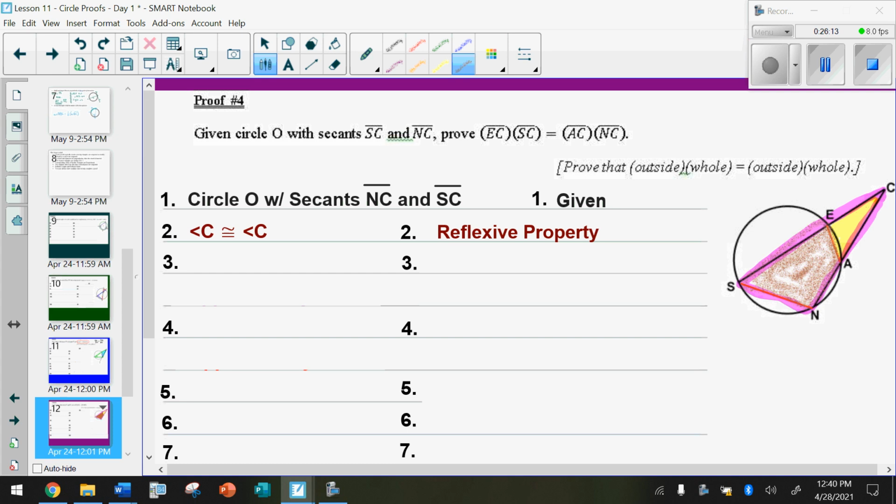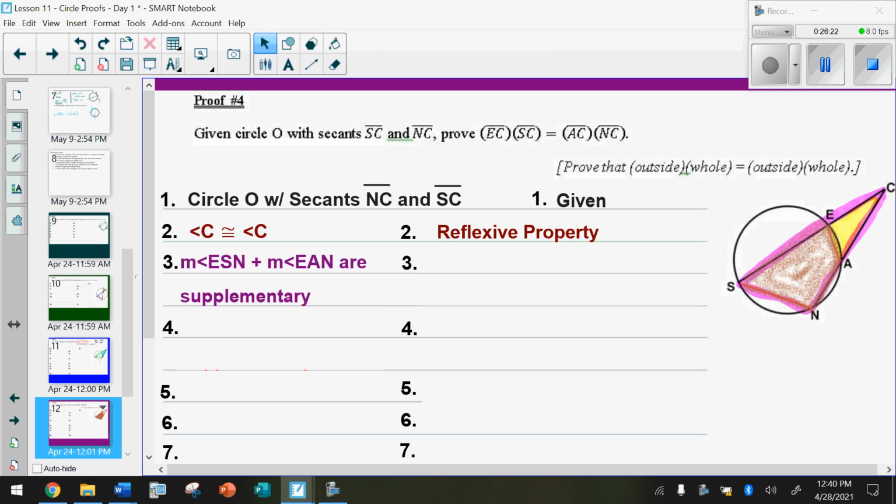So ESNA is a cyclic quadrilateral. Since that is a cyclic quadrilateral, I know that the opposite angles are supplementary. Makes sense? Opposite angles in a cyclic quadrilateral are supplementary.